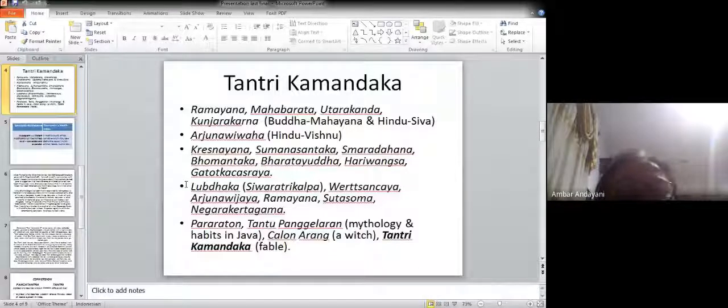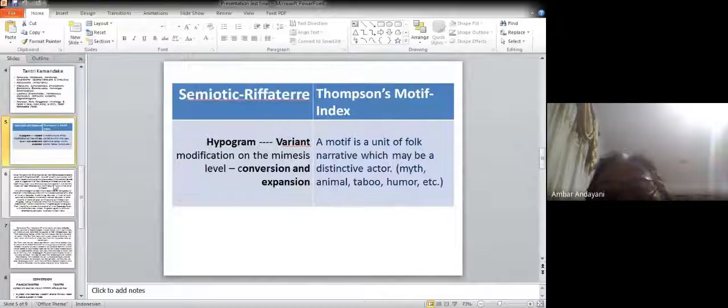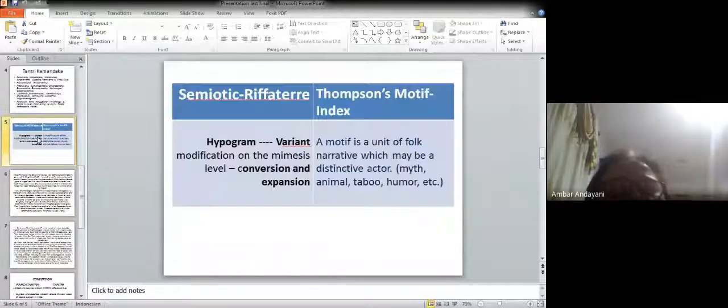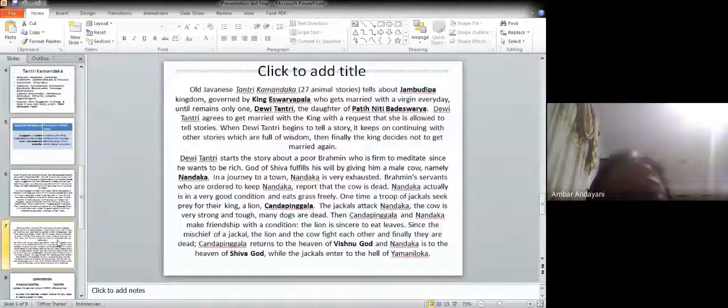The result of my research is that there is conversion. Conversion happened to a motif. There is a motif in the Panchatantra in which a priest teaches wisdom.